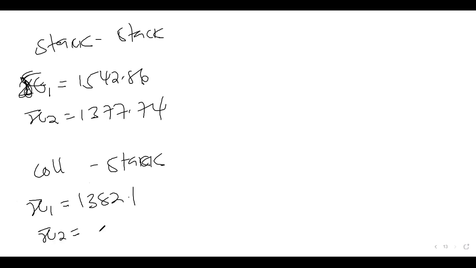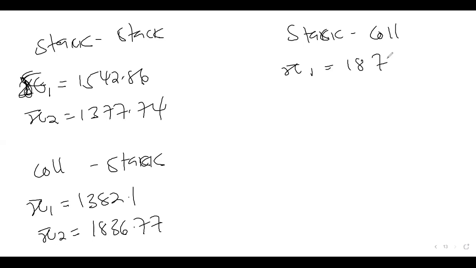And the one that plays Stackelberg, that's firm 2, will get 1836.77. Now, if they rather play Stackelberg collusion, firm 1 that plays Stackelberg will get a profit of 1873.49, and firm 2 that plays collusion will get 1253.7. So please go over these calculations to get these answers.